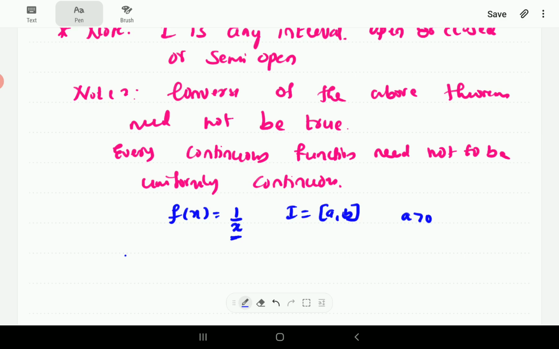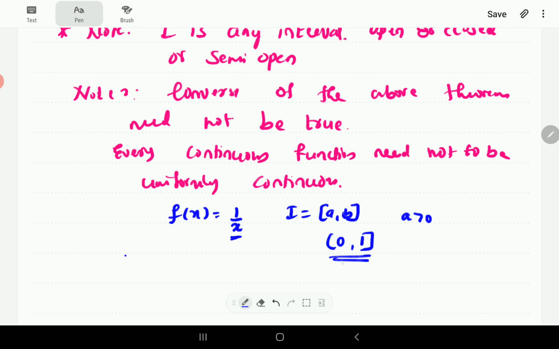But if you take the same function and define it on the semi-closed interval (0, 1], from I to R, then your function is continuous on the interval I, since x is not equal to 0 in I, so 1/x will be continuous on I, but it will not be uniformly continuous.